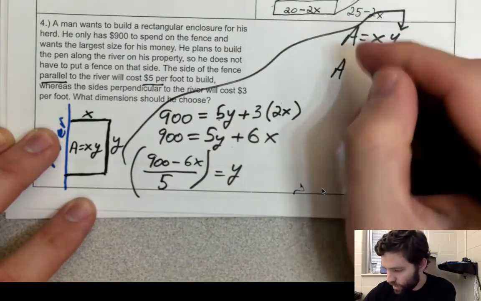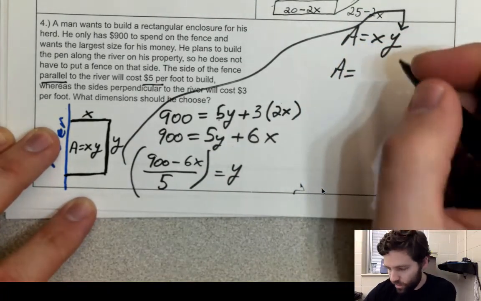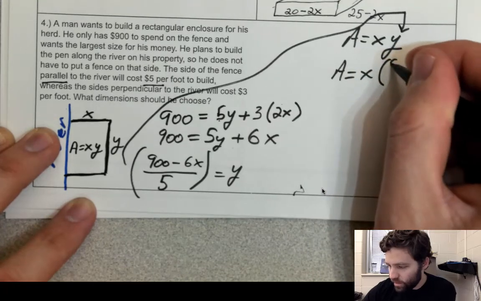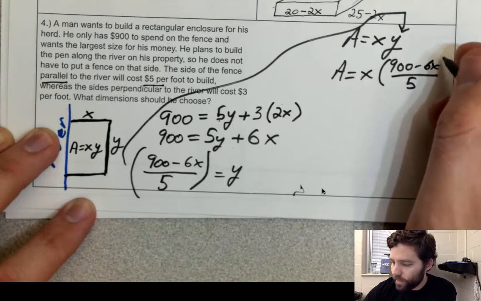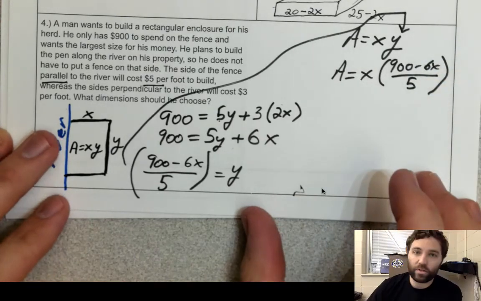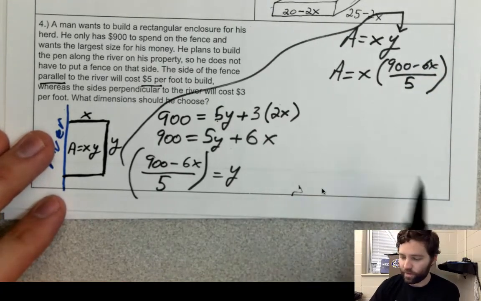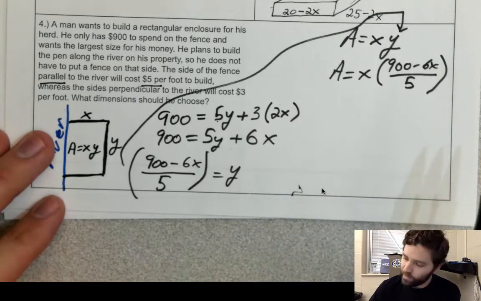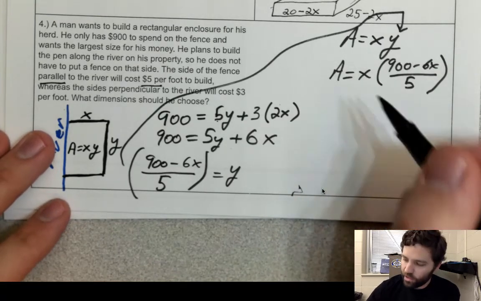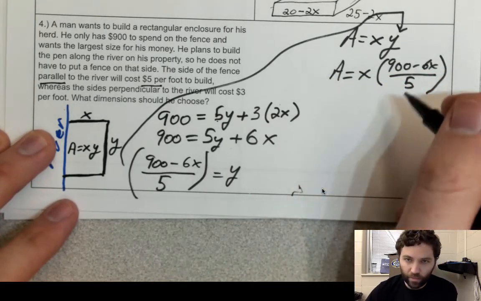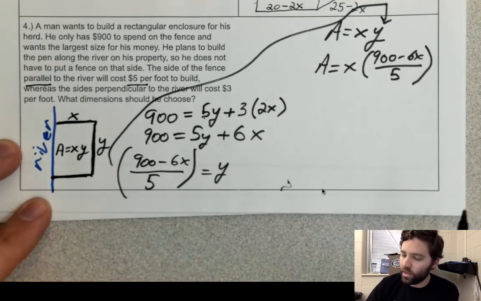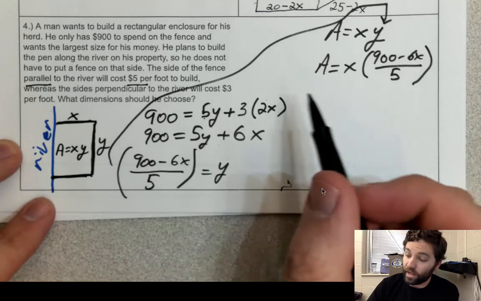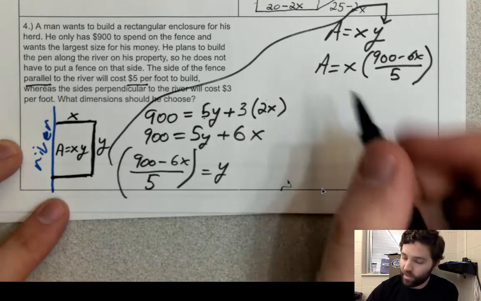So here's my function for area, x times (900 minus 6x) divided by 5. All right, so when you graph this, I think it's going to be quadratic. It's going to end up being an upside down quadratic. You'll get the maximum, the x value, in other words, this dimension that represents the maximum of the graph.